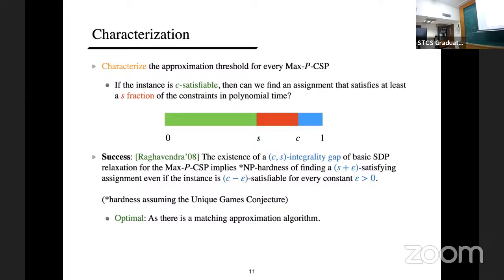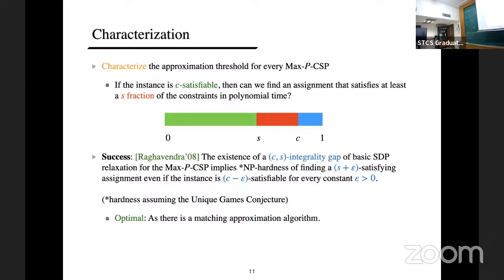Suppose I fix this S, C. Then there is a polynomial time algorithm if and only if you don't have that integrality gap instance. Yes, actually you're right. It is an if and only if, a characterization.